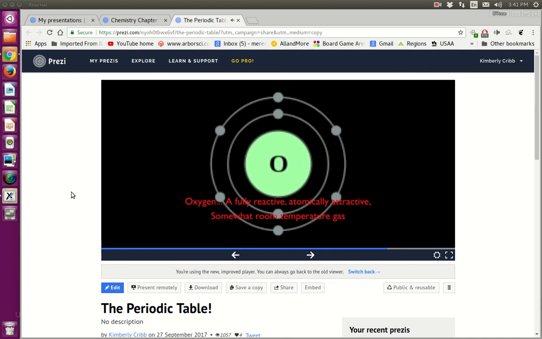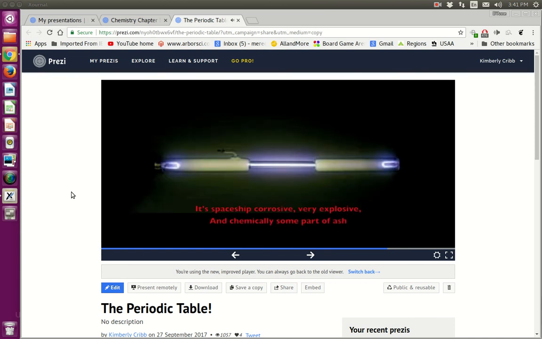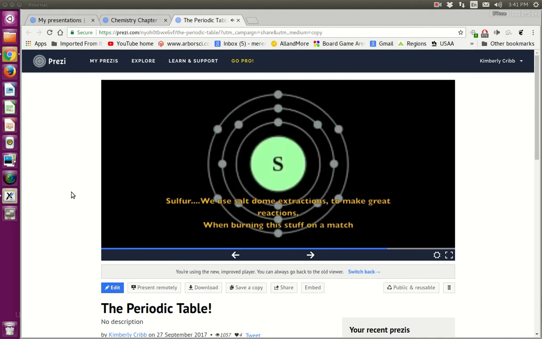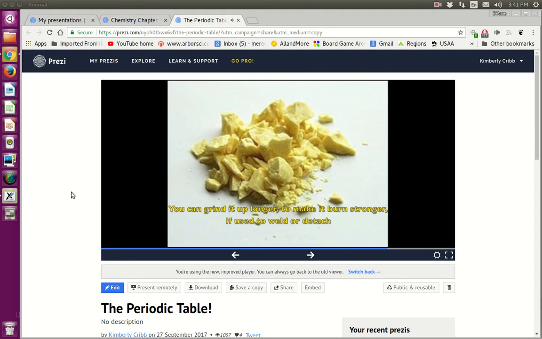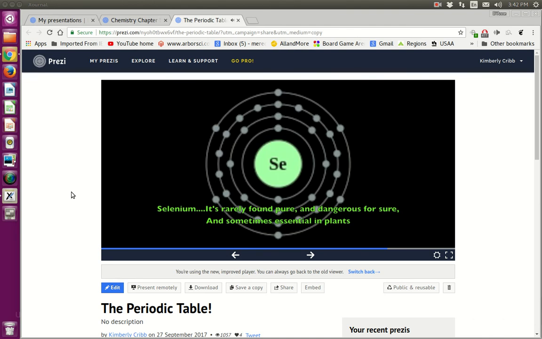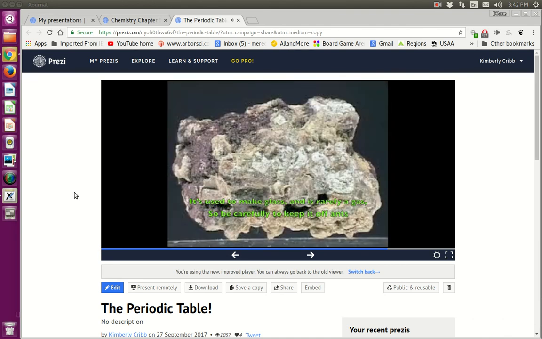Attractive, somewhat room temperature gas. Spaceship, corrosive, very explosive, and chemically some part of ash. Sulfur, we use salt dome extractions to make great reactions when burning the stuff on a match. You can grind it up longer to make it burn stronger. Selenium, it's rarely found pure and dangerous for sure, sometimes essential in plants.